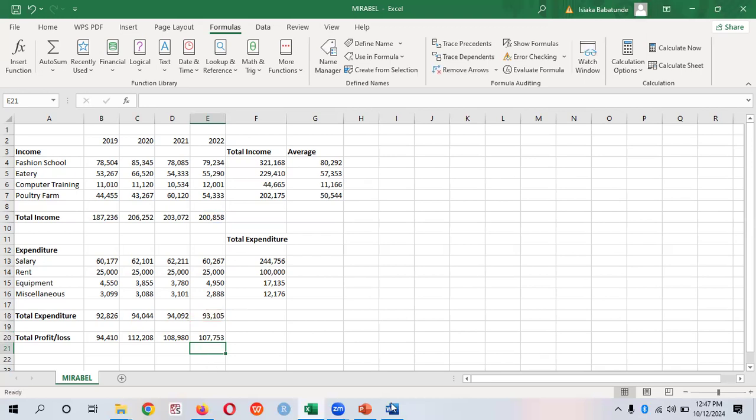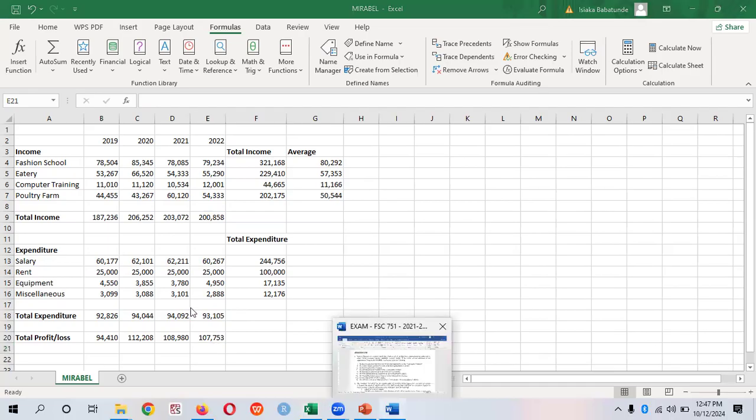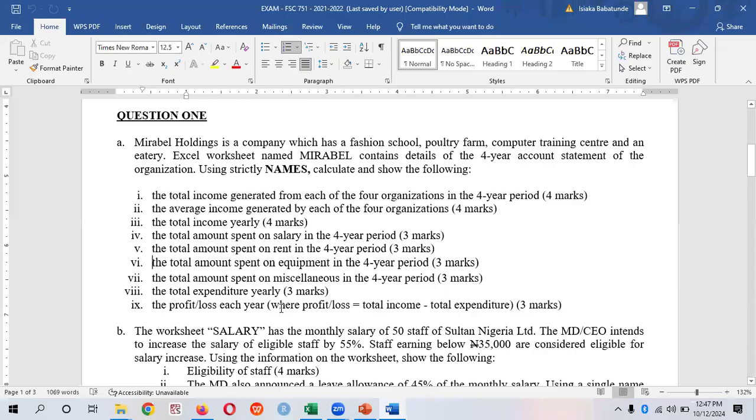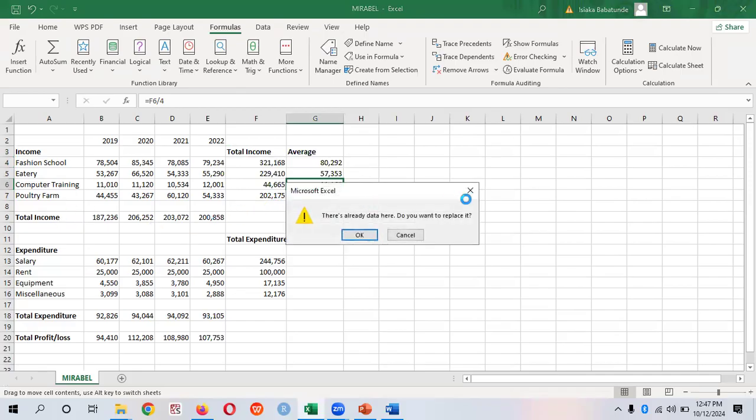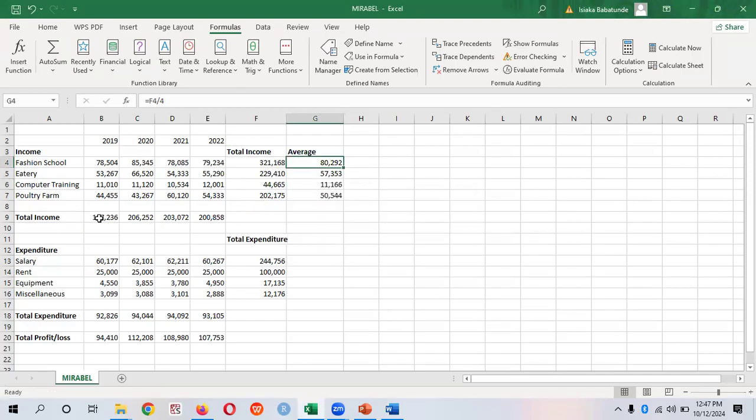So with this, we have answered this question too, and that's the end of these questions. So we can see that we have found the total income for the period of 4 years. We have found the total average for the period of 4 years, and we have found the amount generated yearly.